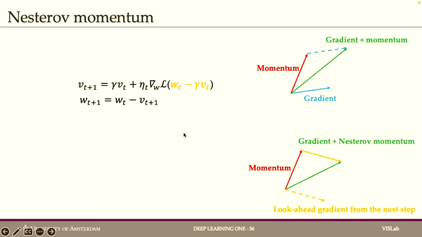So the only thing now is that the gradient dw is not evaluated at wt, but instead at wt minus gamma times this momentum update. So basically, if this is the normal result that you get if you apply the gradient and the momentum, now you first apply the momentum and then compute the gradient at this location. So you end up at a slightly different update equation.